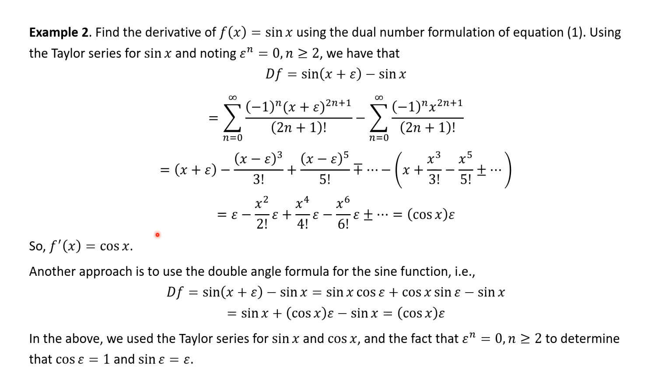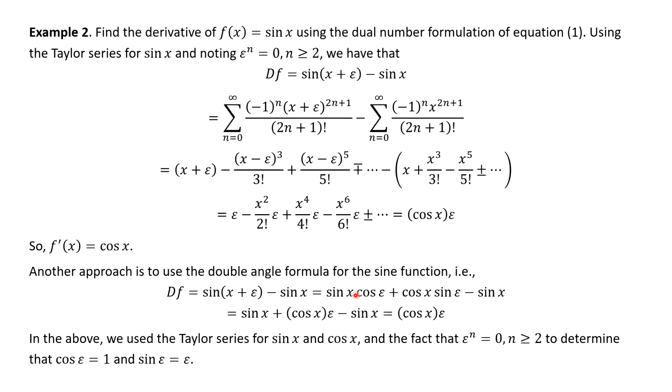There's another approach, which is to use the double angle formula for the sine function. Again, we start as we did here. We have this, and then we apply the double angle formula to this here, which is what I've written out, minus sine.